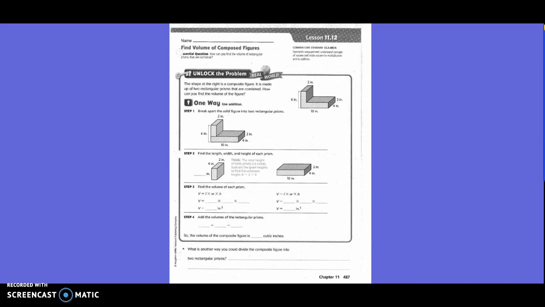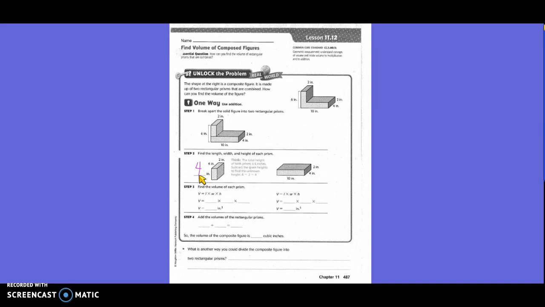So basically over here, they broke this one into 4 by 2 by, what else would they have broken it into? 4, right? Okay, so 4, and then they did 10 by 4 by 2.